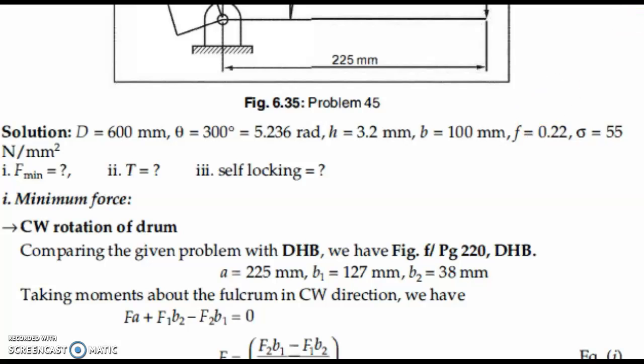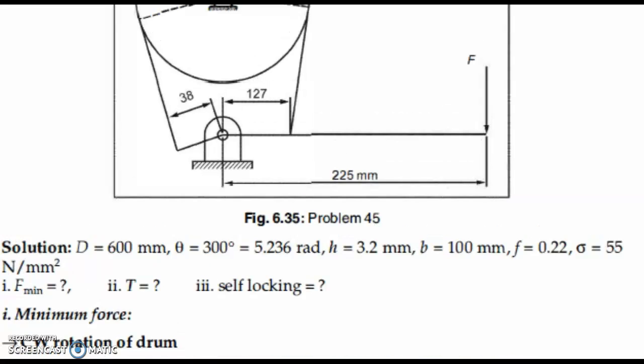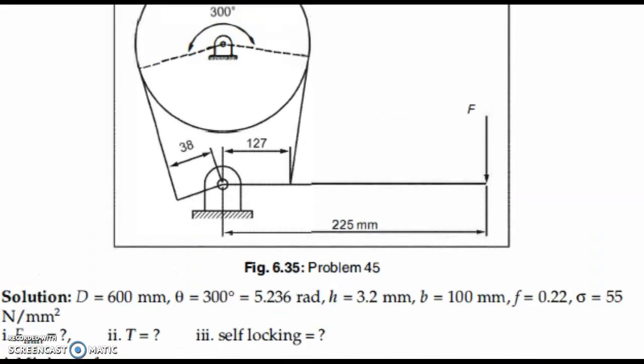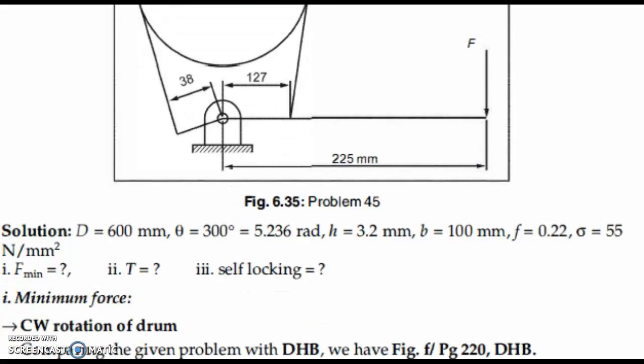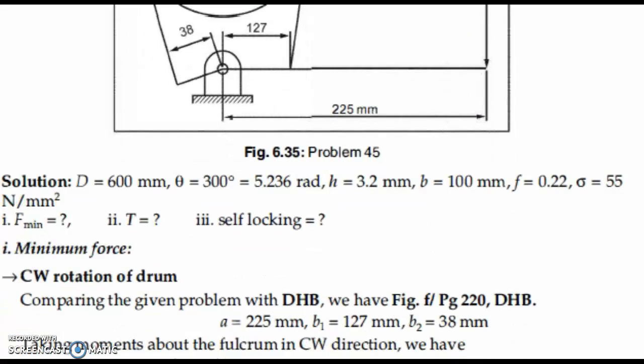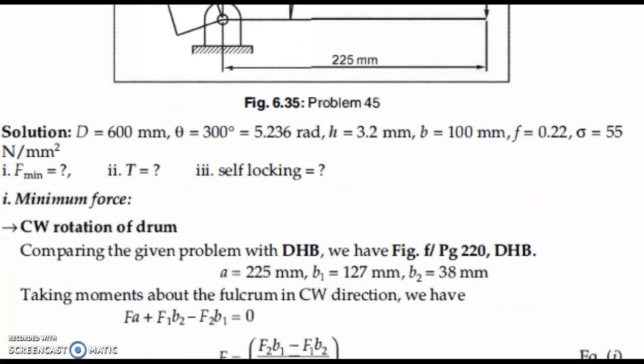So just compare this figure with our data book figure on page number 270, figure F. For the clockwise rotation and anti-clockwise rotation, the equations are given as 13.19E and 13.19F. Now we can go for the clockwise rotation. The value of A is equal to 225.